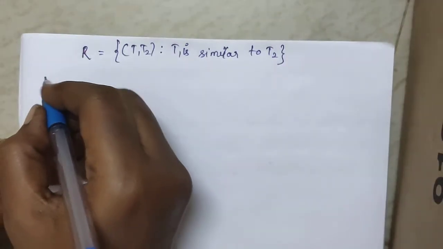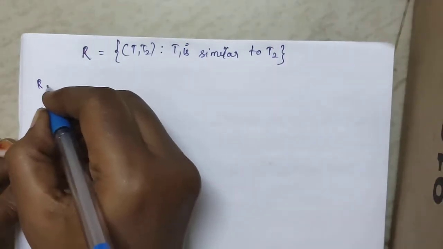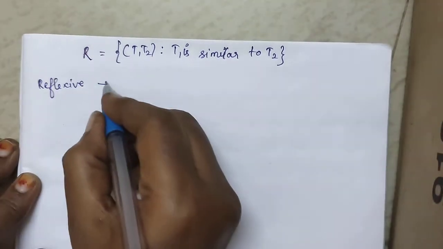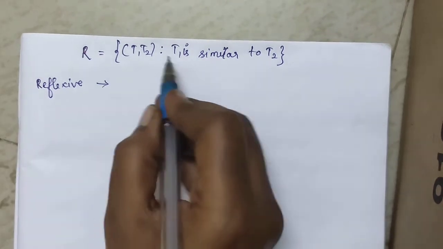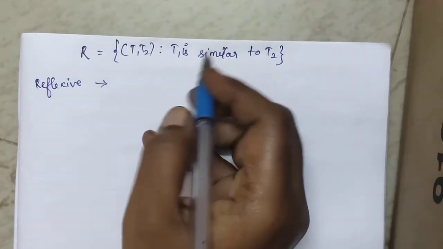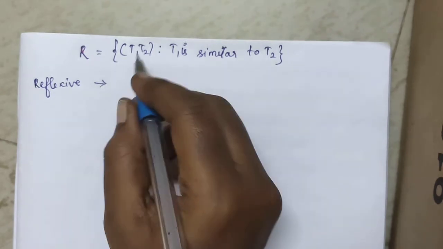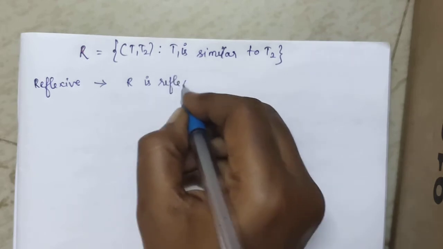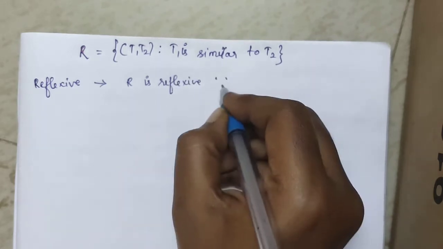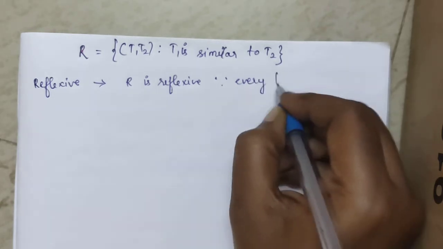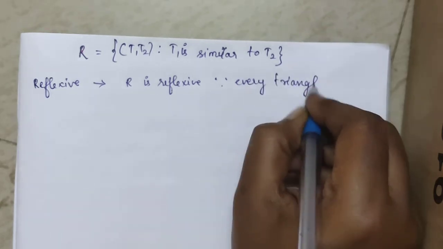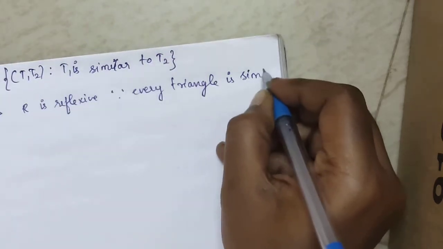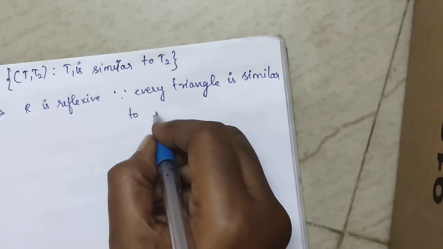First, reflexive. Directly we can say that R is reflexive, since every triangle is similar to itself.